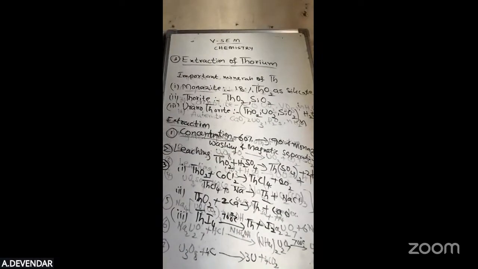Here the organic block consists of 3 chapters: heterocyclic compounds, nucleic acids, amino acids, proteins and vitamins. These are the 3 very important chapters.